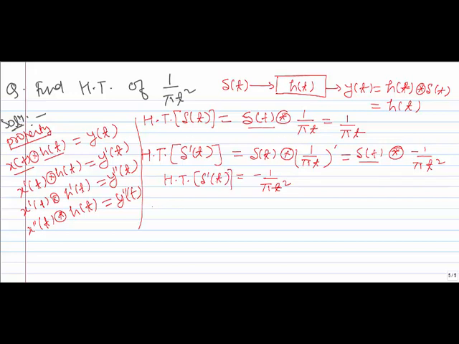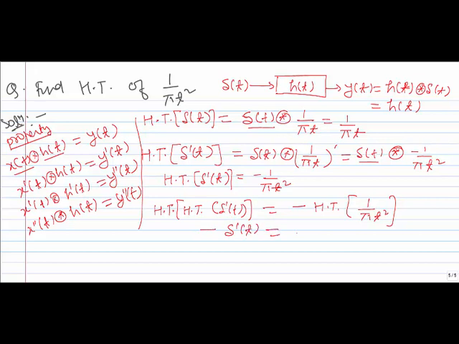Now I am taking the Hilbert transform on both sides. So the Hilbert transform of del dash t will be equal to minus the Hilbert transform of 1 upon pi t square. Now we have already seen that by taking the Hilbert transform two times we get the same signal with a negative sign.